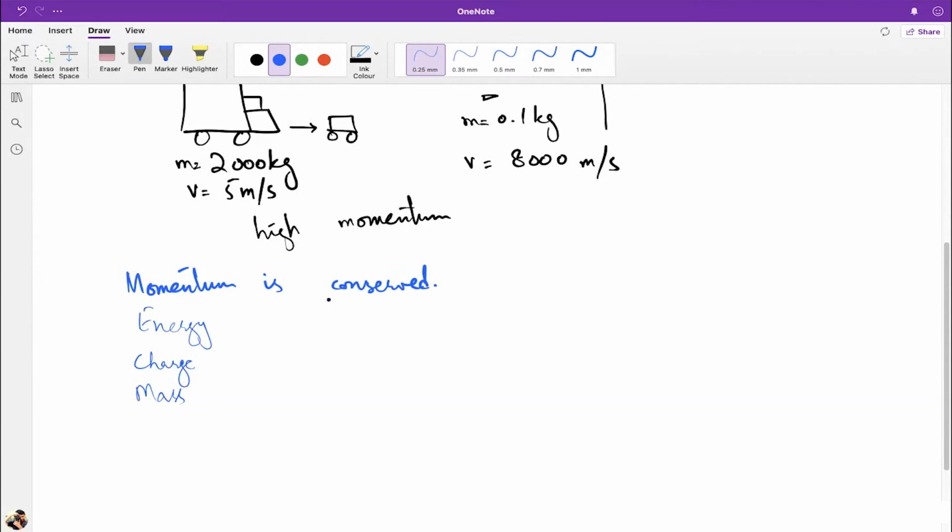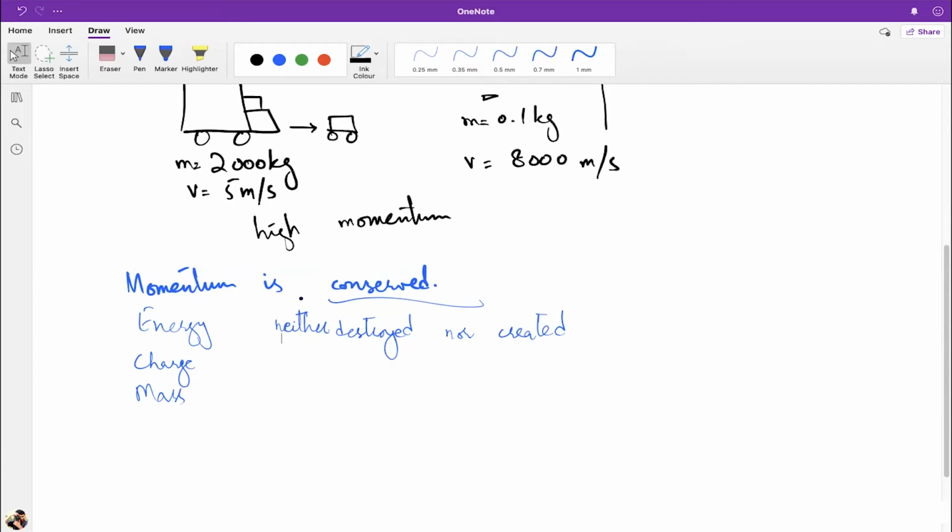What it means is that they can't be destroyed and can't be created. So neither destroyed nor created. That's what these things are. You cannot bring momentum out of nowhere, out of nothing. And you cannot just completely bring it to zero without having it transferred to something else. Okay.